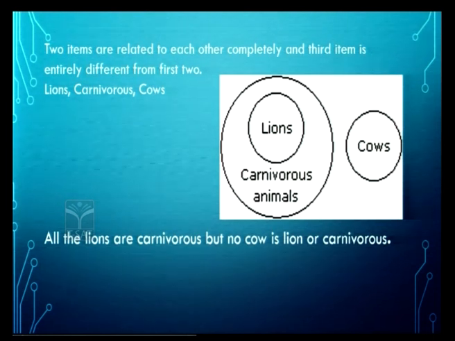Two items are related to each other completely and the third item is entirely different from the first two. Then how are you going to draw the Venn diagram here? Here the things are animals, that is lions, cows, carnivorous animals.